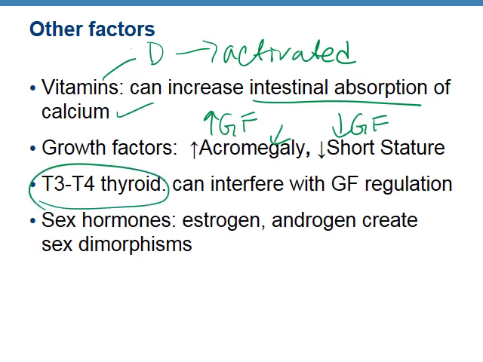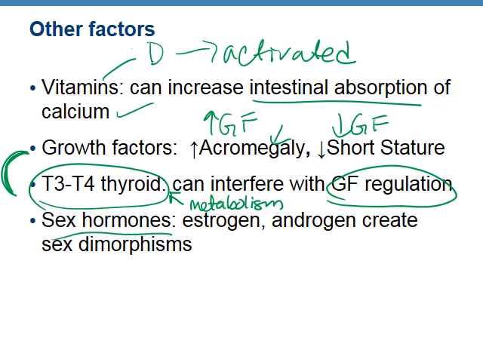Also, your thyroid hormones. So sometimes we'll say somebody has a high metabolism or a low metabolism. This is really what we're talking about. We're talking about these T3 and T4 hormones. So again, remember, metabolism is any reaction that's happening in the body in terms of building things up or breaking things down. So T3 and T4 work with growth factors. So these two kind of rely on each other. And then sometimes we can look at sex hormones.